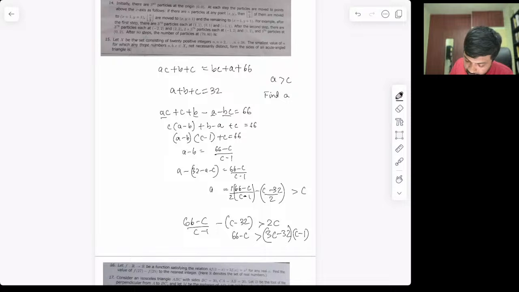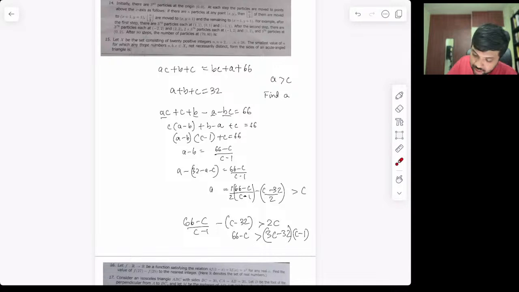I hope I've done it correctly. 3C minus 32, yeah. What happens when C goes too small, by the way? It'll still hold, no? What's the problem with C being 2 or something? C being 2 is also not allowed because A cannot cross 30.